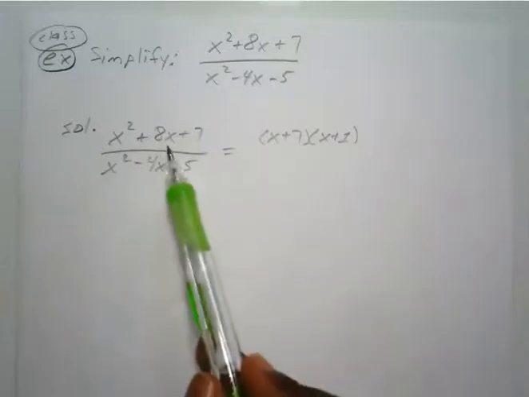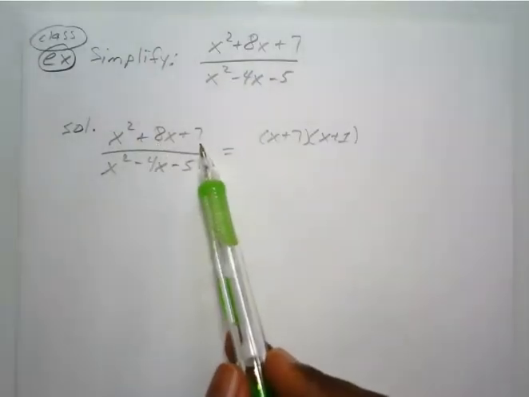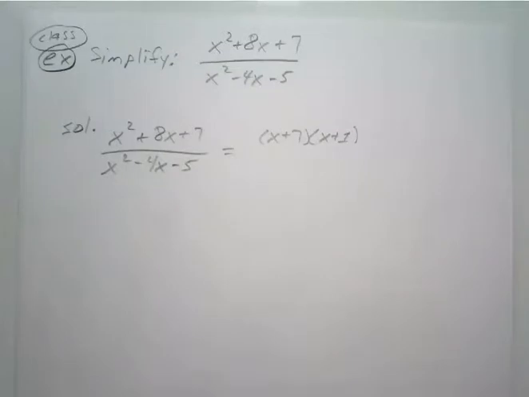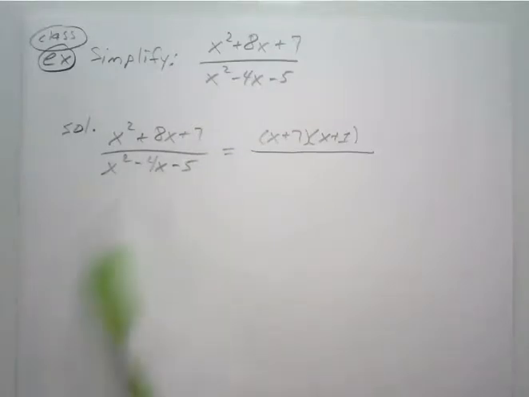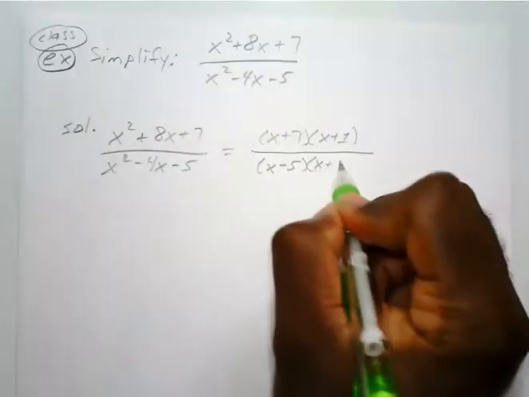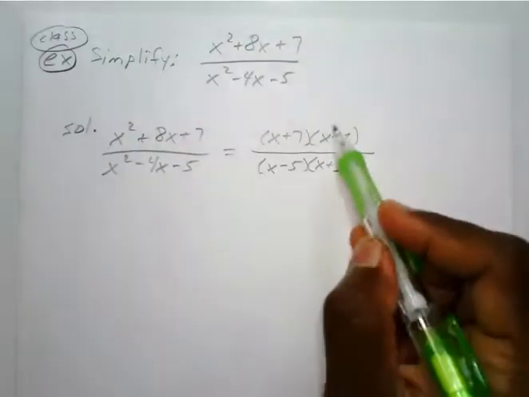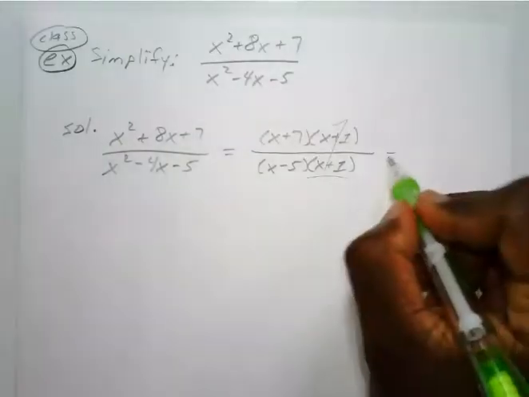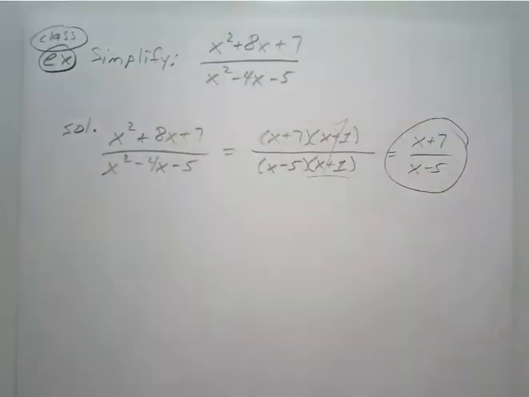Because using our steps, we find two numbers that multiply to equal 7 and add to equal 8, it's just 7 and 1. And here, if we find two numbers that multiply to equal negative 5 and add to equal negative 4, that's just negative 5 and 1. So you have x minus 5 and x plus 1. We can see here, anything divided by itself is just 1. That becomes x plus 7 over x minus 5. Okay, so that's your simplified answer.